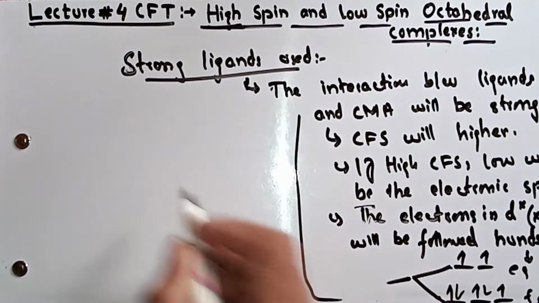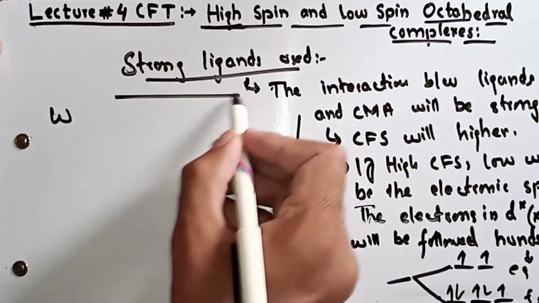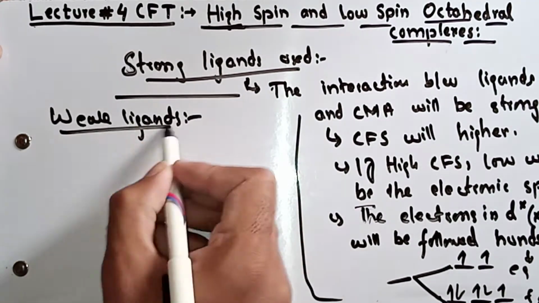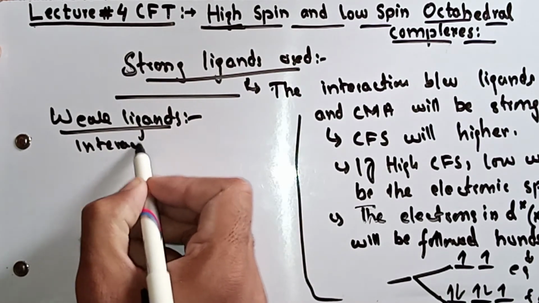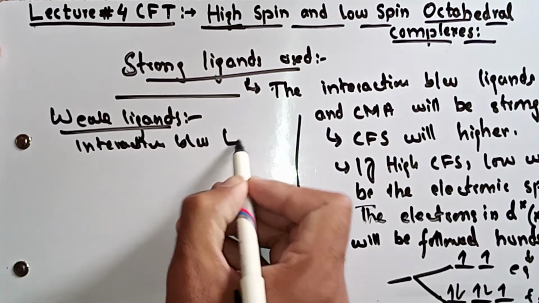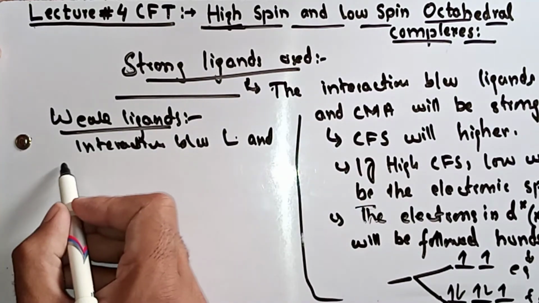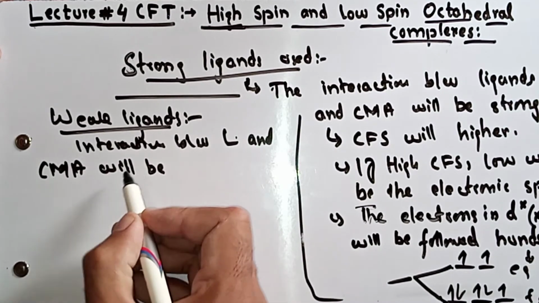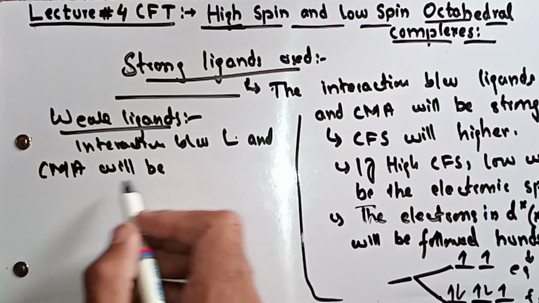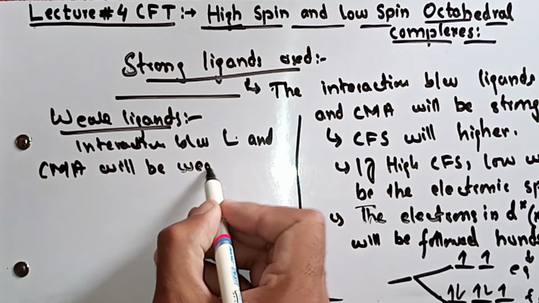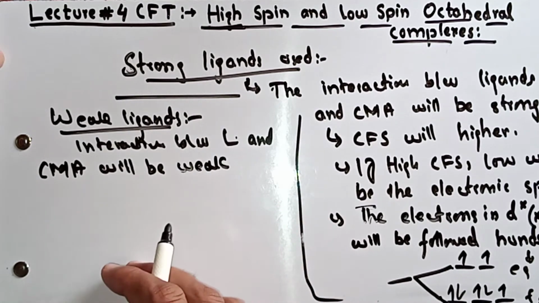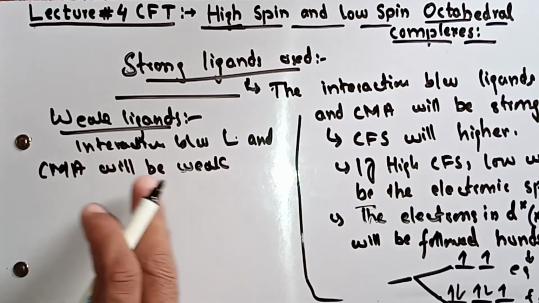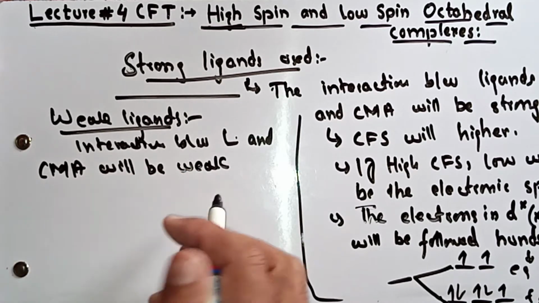So this is the strong ligand concept. When we use weak ligands, what will happen? The interaction between the ligand and the central metal atom will be weaker.